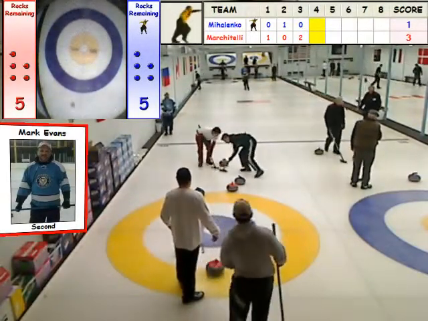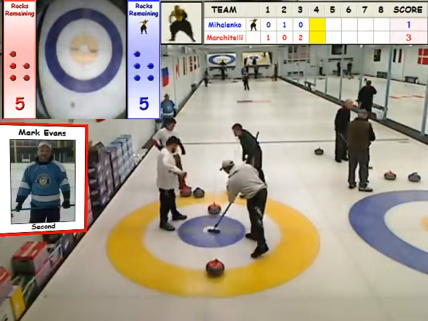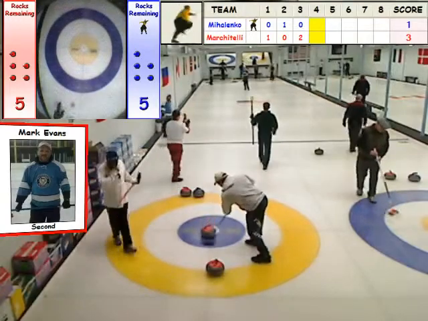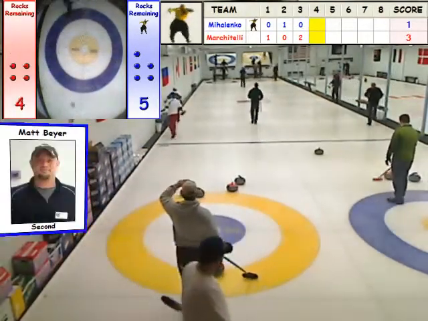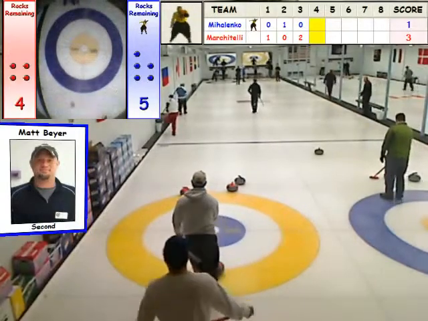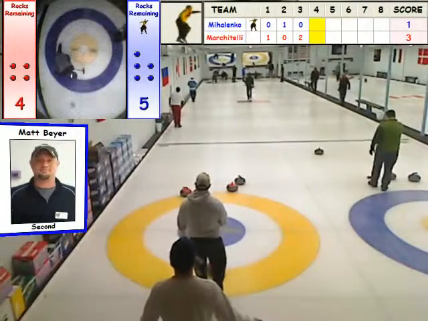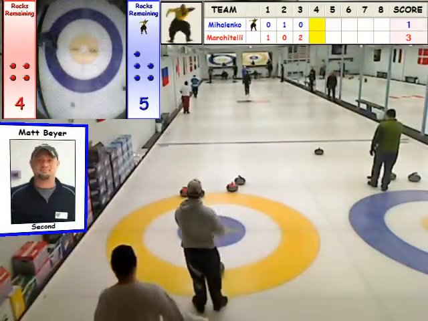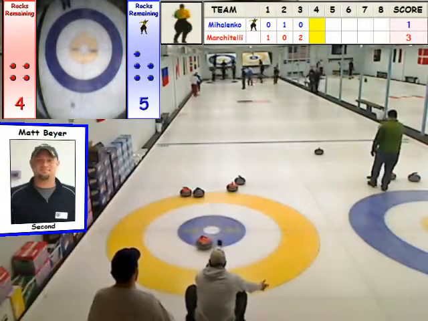So what are we doing? We're guarding up that port now, I believe. Coming right through it. Right through it. Ooh, and right on by the T line. Not a bad shot. Now, Chris is going to have to make a shot here.